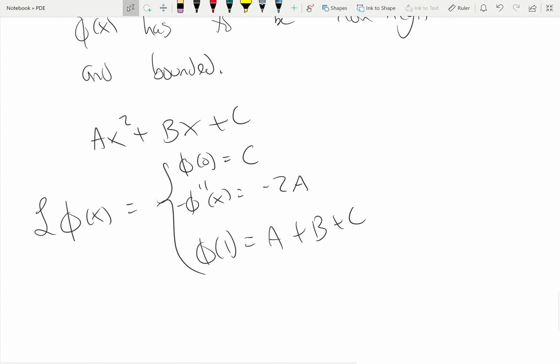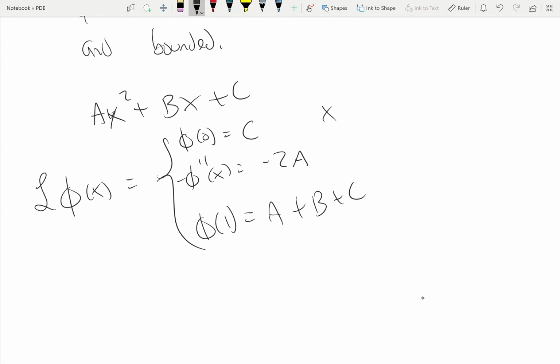Because I'm plugging in 0 here for this one, and that cancels out these two terms, and then I take the second derivative and add a negative symbol, that becomes negative 2a. Phi of 1 is just 1, a plus b plus c. Okay. So, this is for when x equals 0. This is for 0 less than x less than 1. This is for when x is equal to 1.